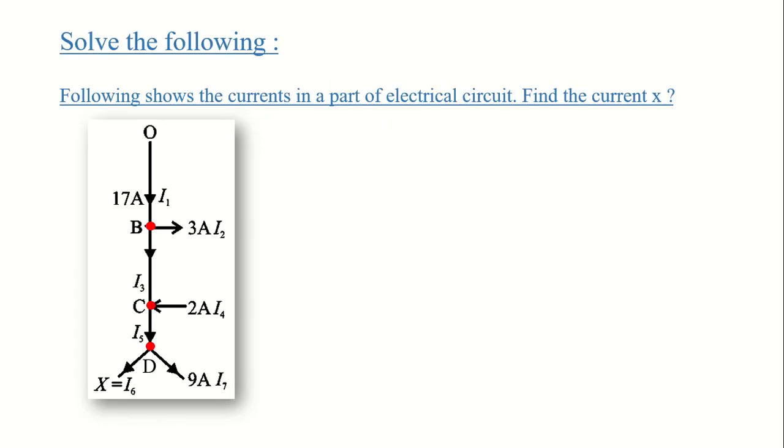So we will try to solve one problem based on what we have studied in Kirchhoff's first law. Using Kirchhoff's first law, we will try to solve the sum that is given.